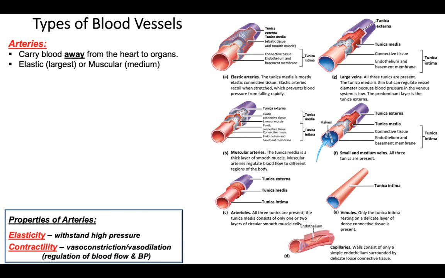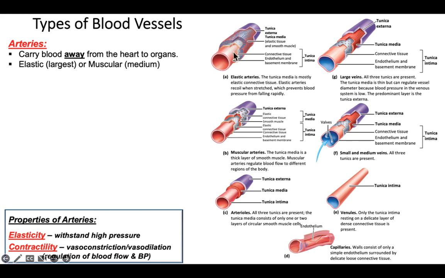When you're not exercising, you want those arteries to constrict and decrease blood flow. So we kind of start off as an elastic artery, and then as we get closer to the destination, the organ or the body region, they're known as muscular arteries.